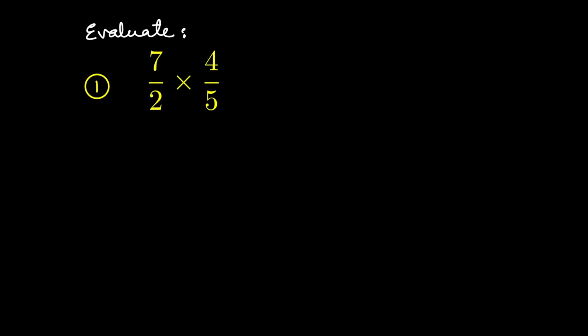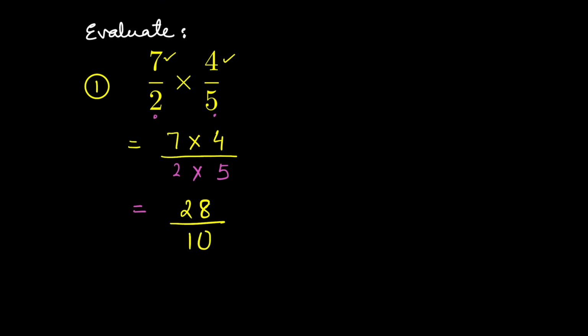Now example 1, it is 7 over 2 times 4 over 5. One way we can do this is directly by multiplying the top number 7 with the top number 4, and the bottom number 2 times 5. Then we have the answer as 7 times 4 is 28 and 2 times 5 is 10.